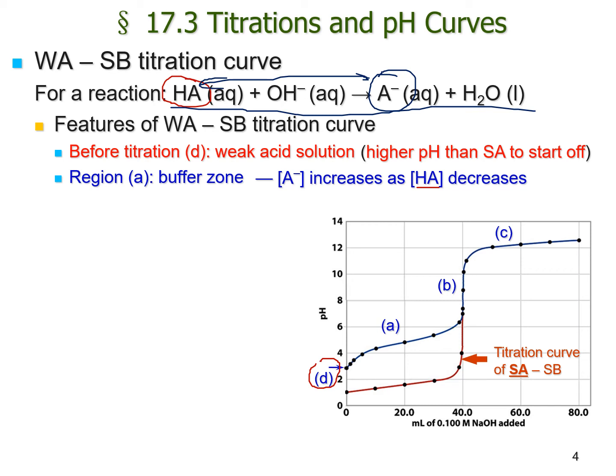HA is a weak acid, which means A minus is a weak base. Remember in the section that we discussed before, if we have a coexistence of weak acid and weak base as a pair of conjugates, the solution is what we call a buffer solution. That is why for the region A, we call it a buffer zone.